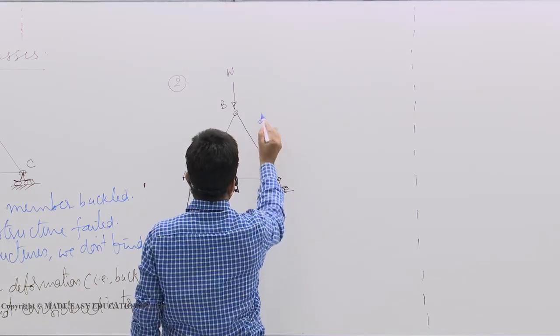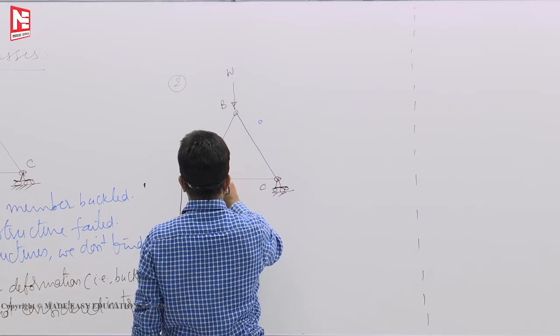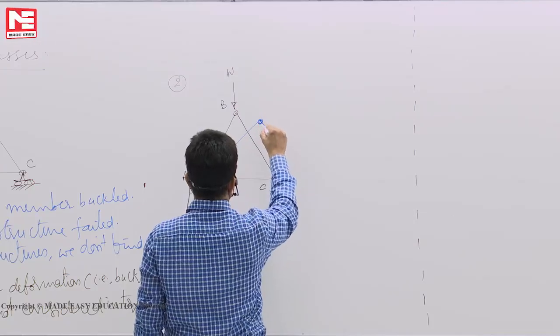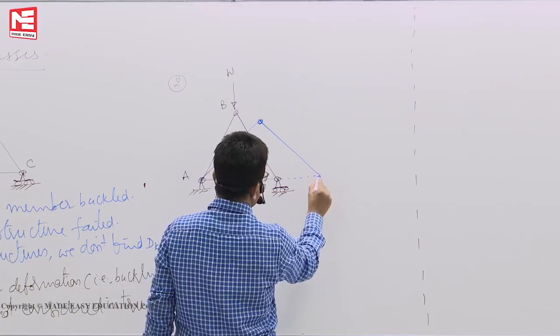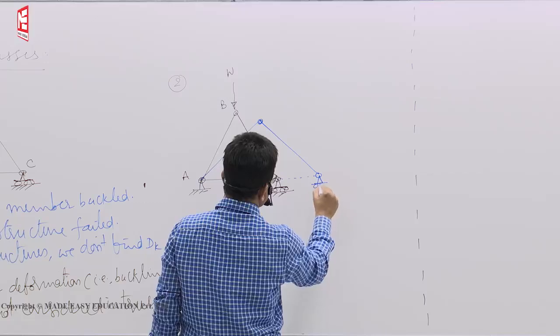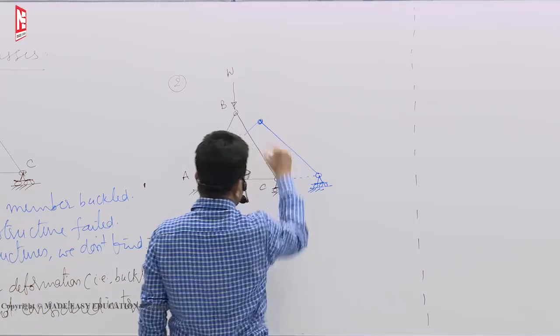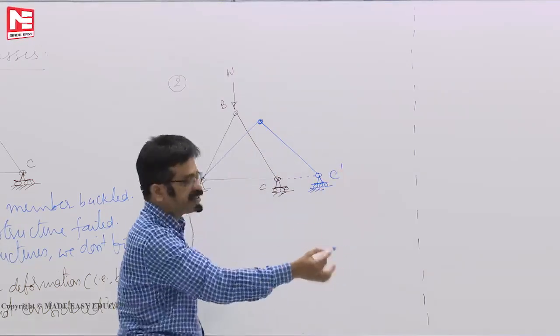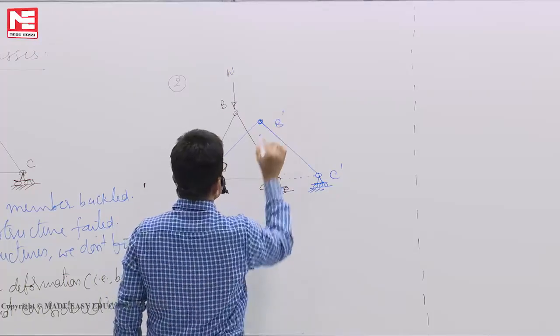Assume that it has come to this position like this. Zoomed view I have shown, but okay, no problem. After loads are applied, C has come to C dash, B has come to B dash.